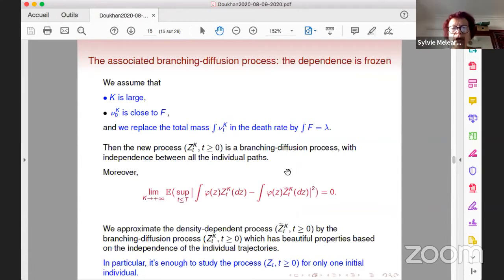Okay, so now I come back to these ideas I have introduced. So remember, we have assumed that K is large, that the initial condition is close to the equilibrium F, and then we will replace the total mass of nu K. So that means it's the number of individuals at time t divided by K, and we replace it by the total mass of our equilibrium, capital F, which we called lambda.